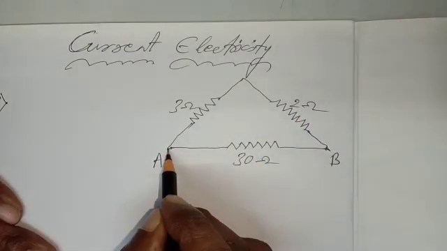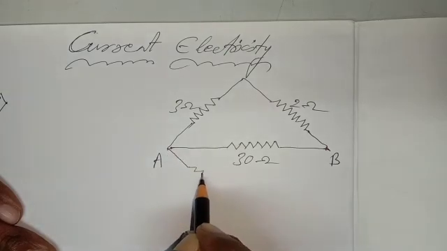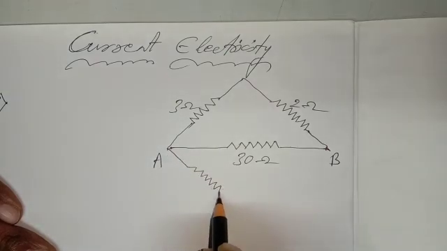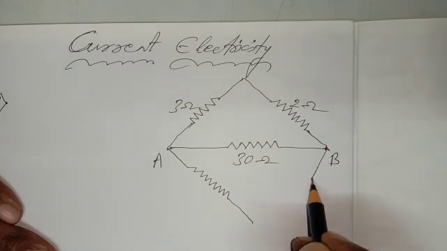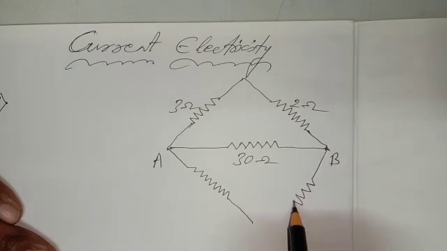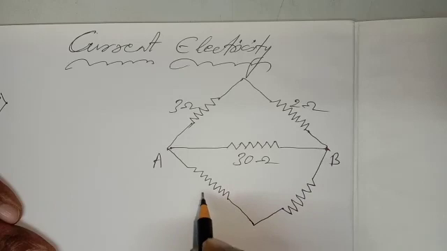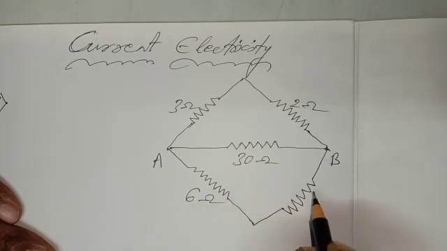Same process here downside also, like this. Here 6 ohm resistor and here 4 ohm resistor.